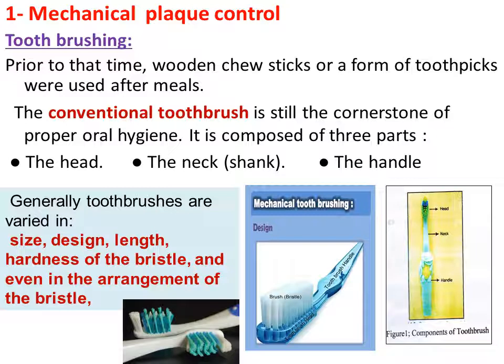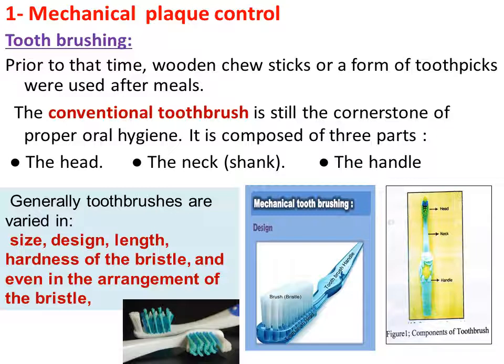Toothbrushing. Prior to that time, wooden chopsticks or a form of toothpicks were used after meals, like siwak. The conventional toothbrush is still the cornerstone of proper oral hygiene. It is composed of 3 parts: the head, the neck or shank, and the handle, as we can see in the pictures.